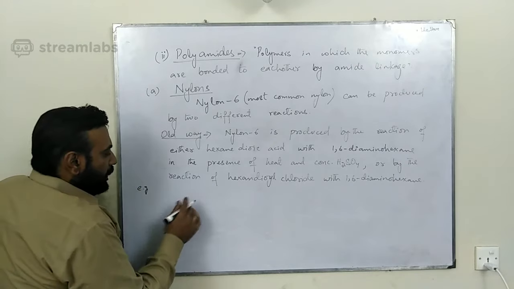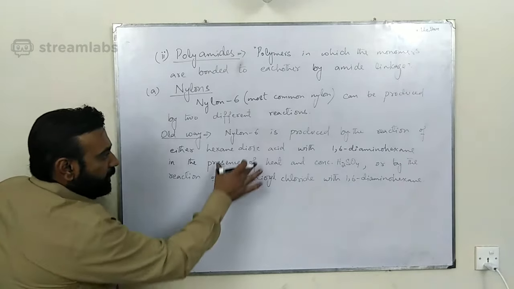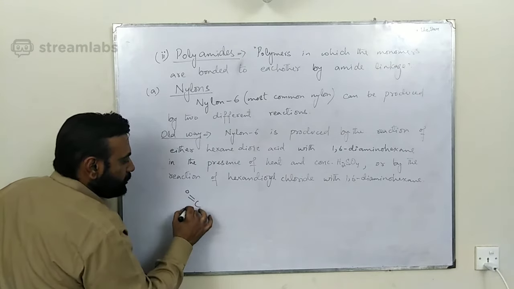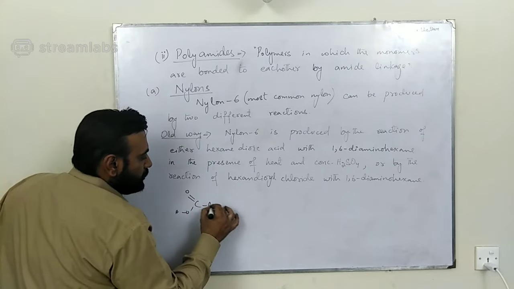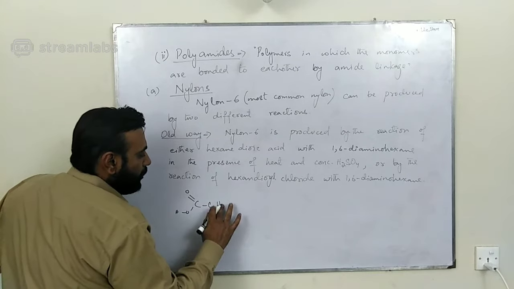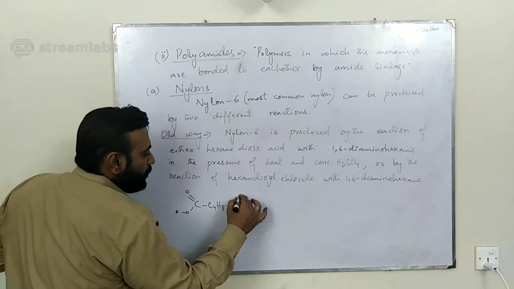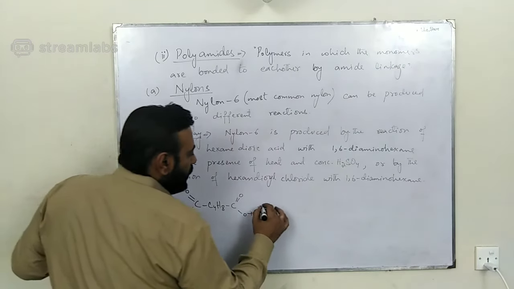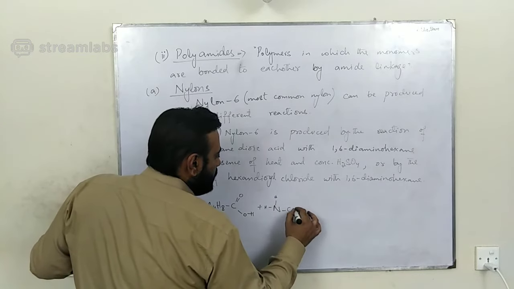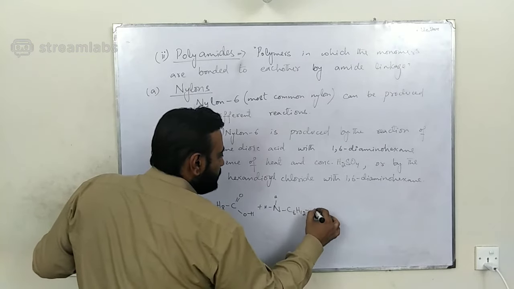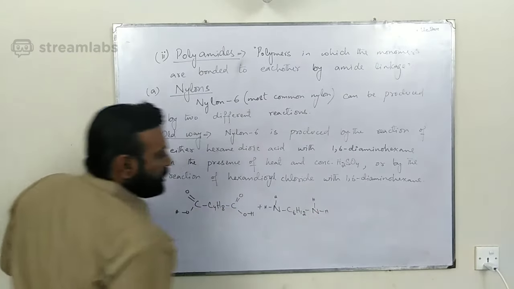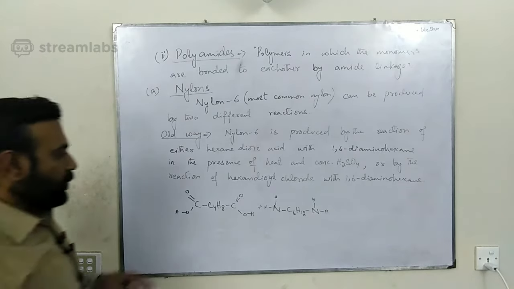For example, if we are using hexane dioic acid, this is hexane dioic acid and this is 1,6-diaminohexane.